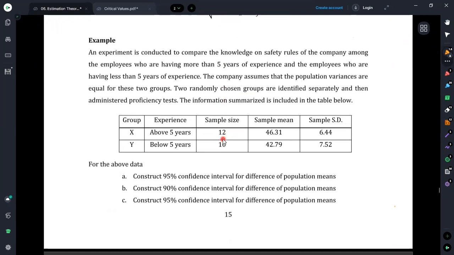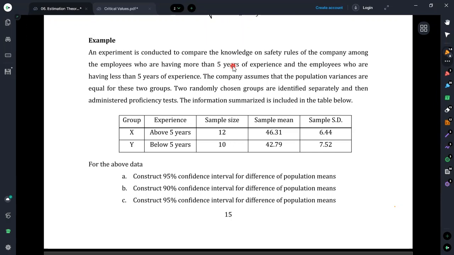Here an example is provided. An experiment is conducted to compare the knowledge of the company's safety rules among employees who have more than 5 years of work experience and employees who have less than 5 years of experience. They obtain two samples from the two groups.